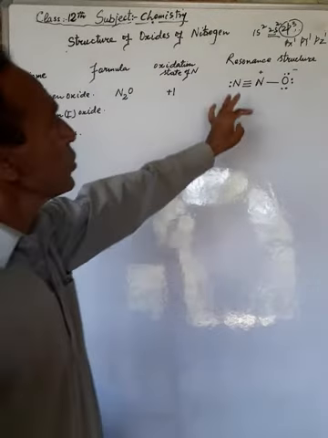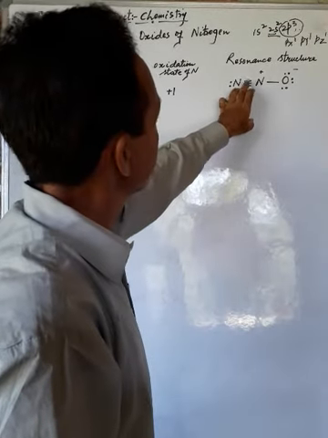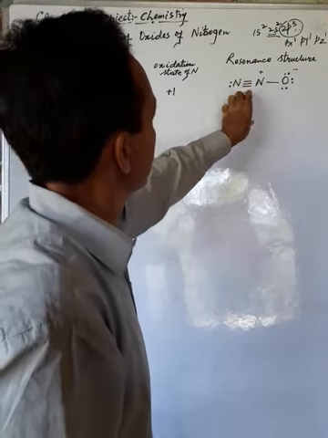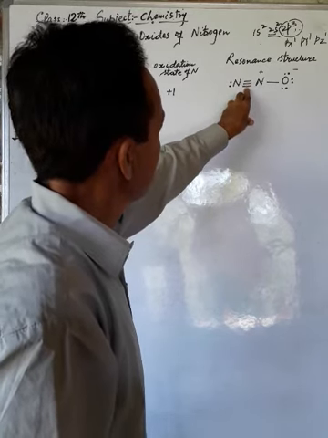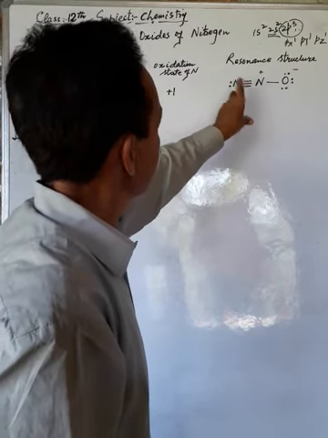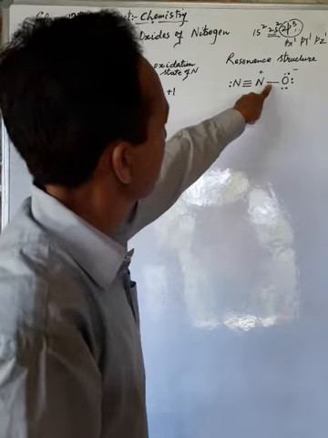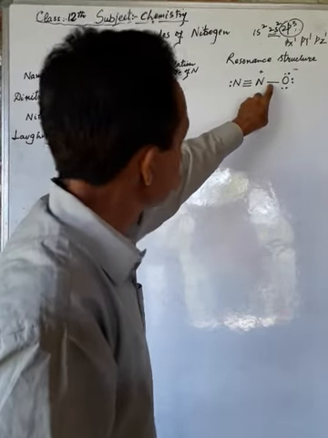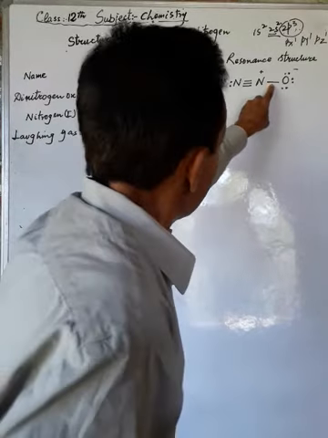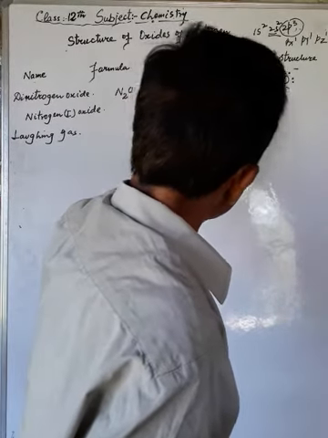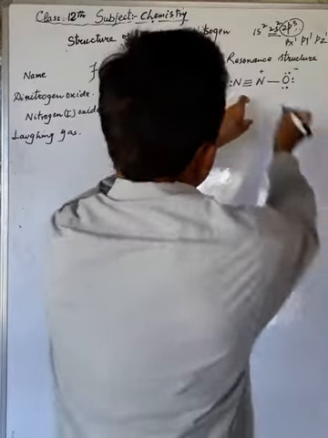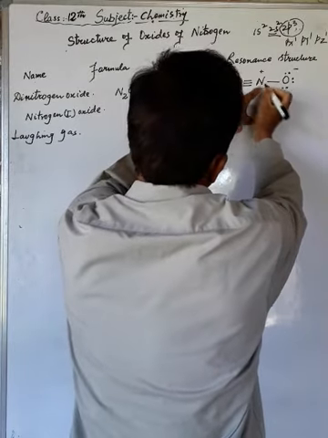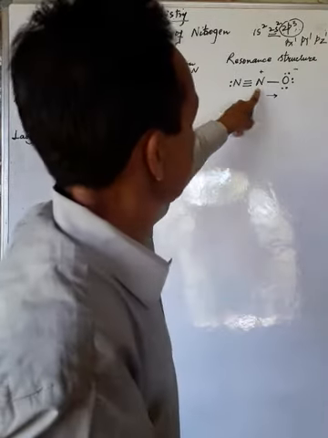If you look, the octet is complete: 2, 6, 2, this is a bond of two electrons, 2 and 4, 6 and 2, 8. This is the lone pair of electrons which is donated by the nitrogen, so this bond is formed by the lone pair of the electrons of the nitrogen.